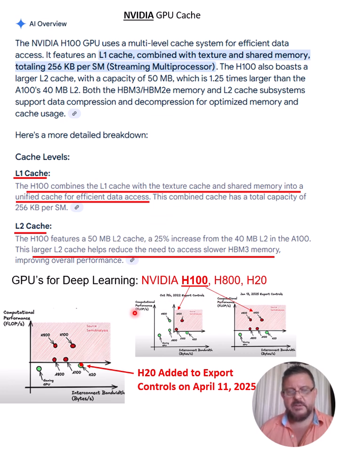And then here are some graphs that I had talked about in previous lectures with the students, but I'm putting them on here again. This is in 2025. The H100 is the highest performing. This is 2022 trade restrictions, 2025 in the beginning, and just recently in April of 2025, as I'm recording this, about a week ago, the H20 was put into the export controls.